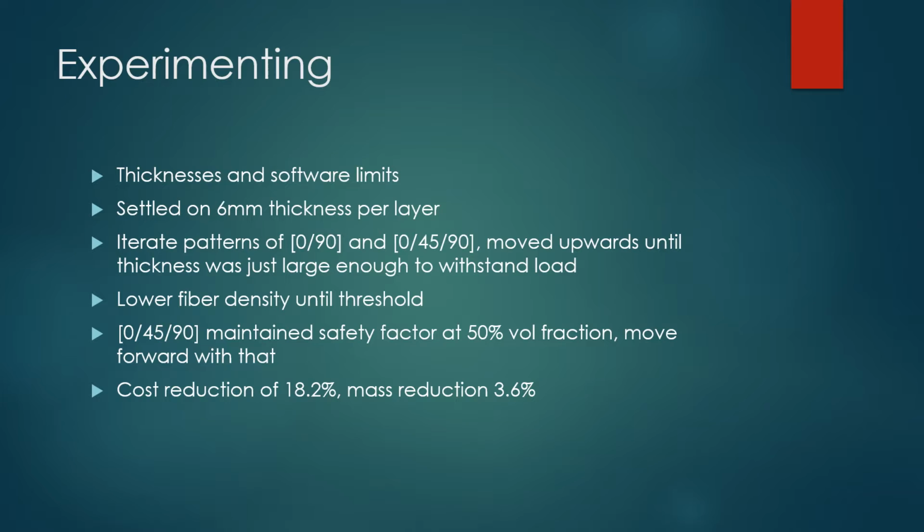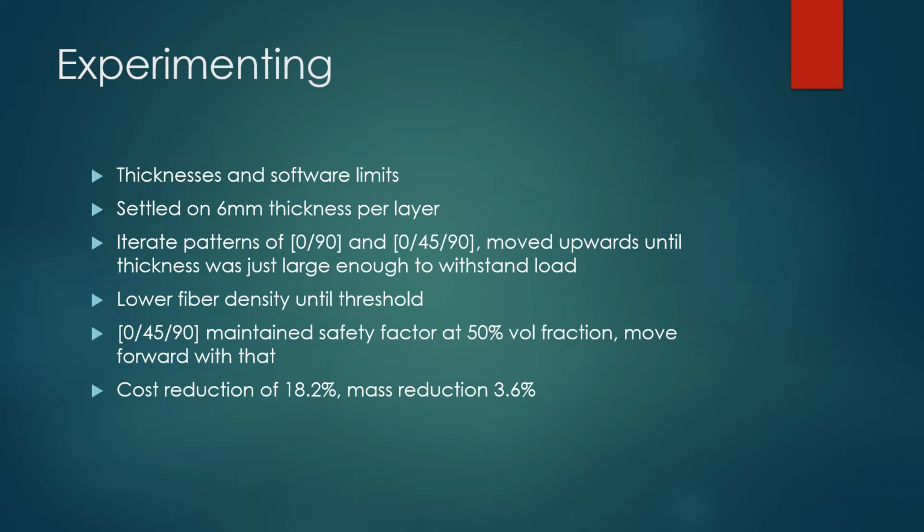Next, we iterated on those patterns of 0 to 90, and we moved upwards in terms of thickness and number of lamina until it was just large enough to withstand our safety factor. Then from there we would lower the fiber density until the threshold was hit again, and we moved forward.